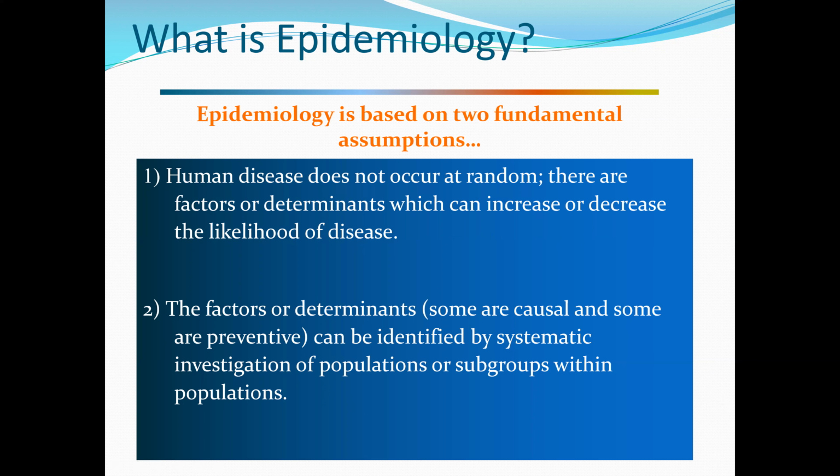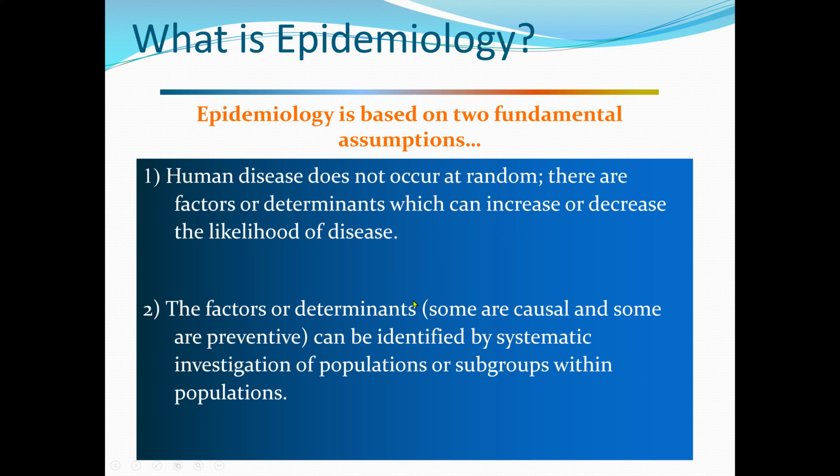Based on our problem or our objective, we may choose a different type of research. Examples are cohort studies or prevalence studies, which we sometimes call cross-sectional studies, and we also have case-control studies. These allow us to perform a systematic investigation of a population or subgroup within a population.